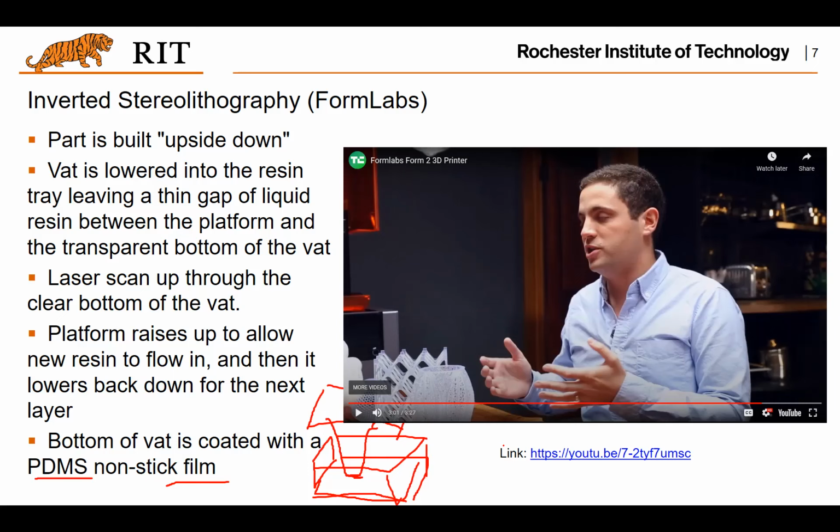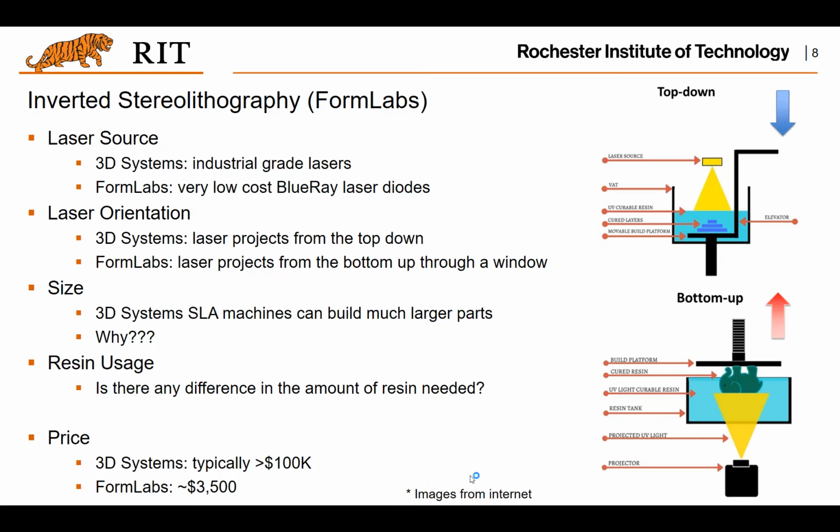Okay, let's move on. So as I mentioned, these two, the 3D Systems ones and also the Formlabs ones, are the two main processes in the market. So there are several differences.